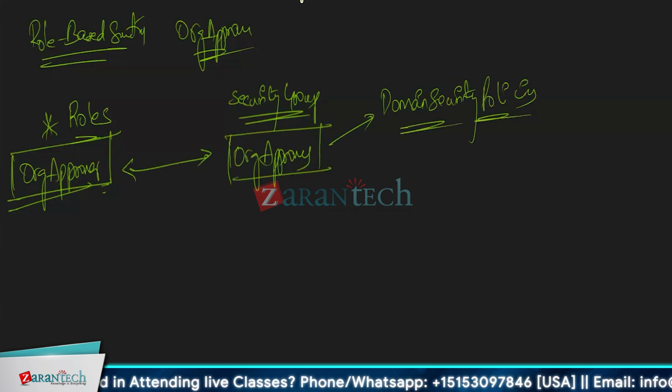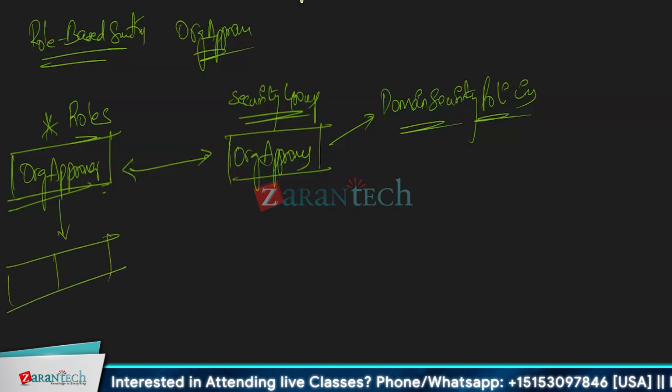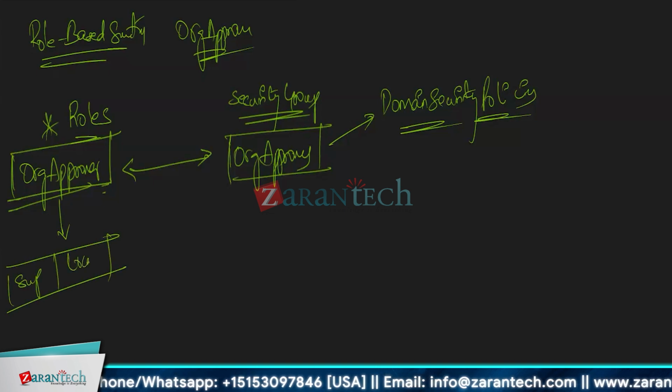Okay, so what would happen is when someone is assigned this particular org approver role, now how will you assign it? This org approver role might be available, depending upon what you define, on one of these organizations like supervisory org or location hierarchy. So let's suppose right now org approver is on supervisory org.